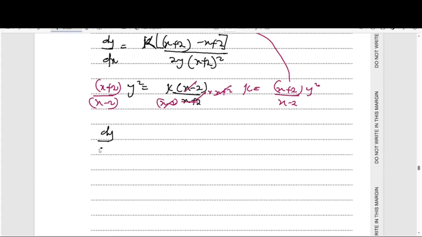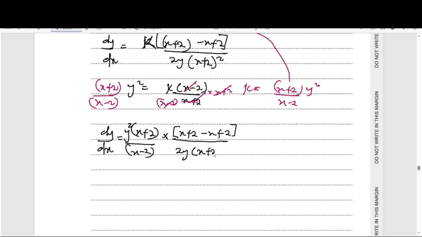So now dy dx is equal to k, which is the whole of this expression, x plus 2 y squared divided by x minus 2, times everything in the brackets, x plus 2 minus x plus 2, all divided by 2y times x plus 2 all squared.